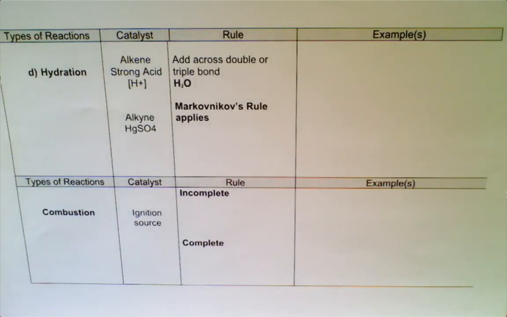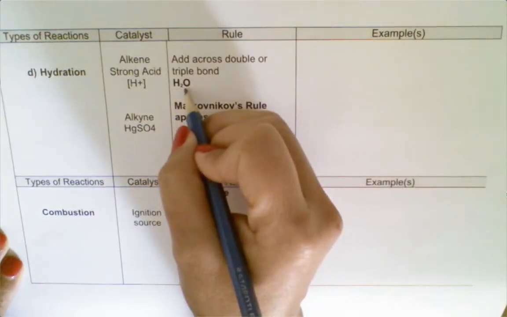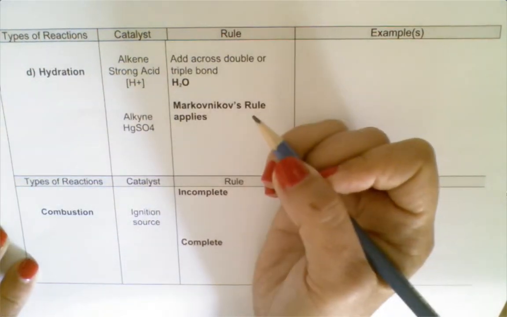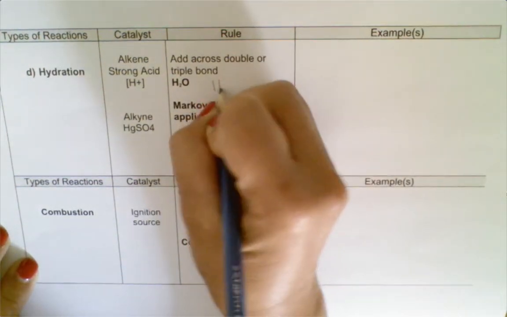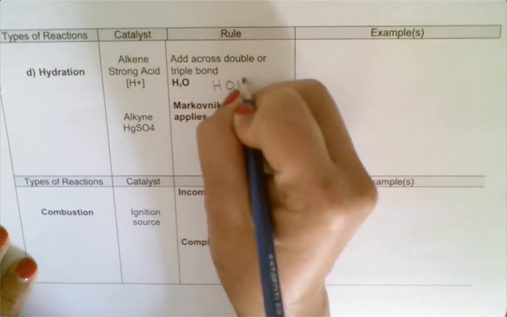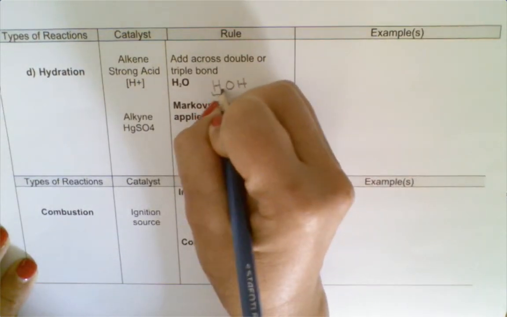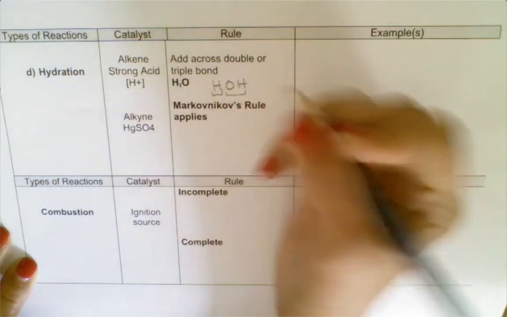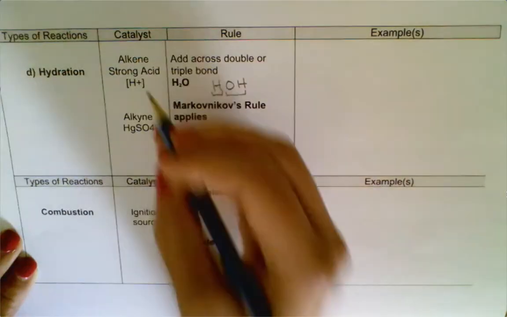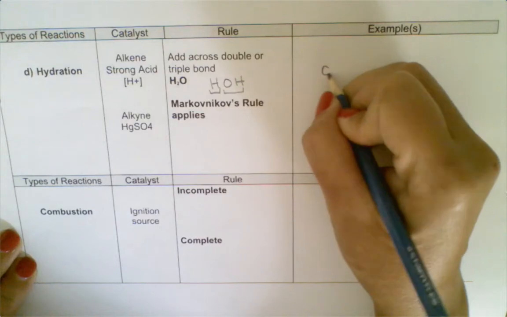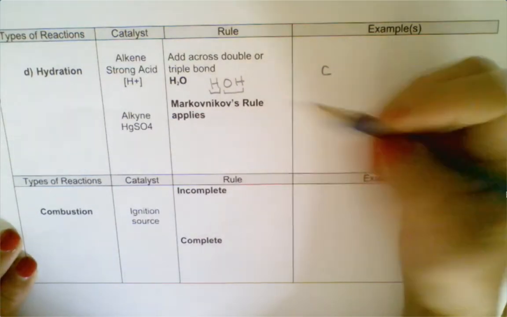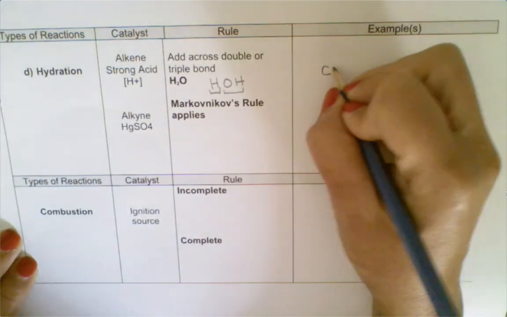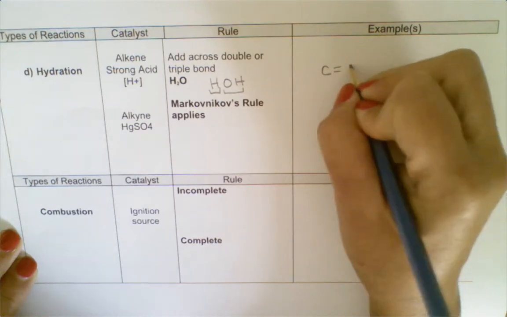Okay, now we're going to move on to hydration. Hydration is with the addition of water. Now, water, I always consider to write it like this, HOH, as if it has two parts, the hydrogen ion and the hydroxide ion, and you'll see why. So whenever I have an alkene or an alkyne, we're also going to keep in mind Markovnikov's rule.